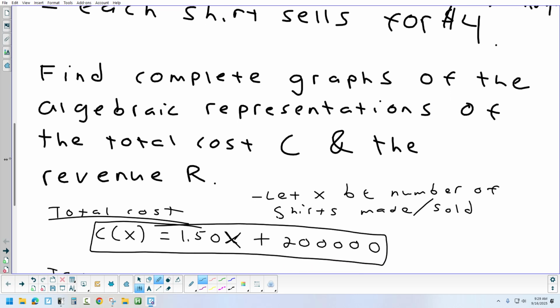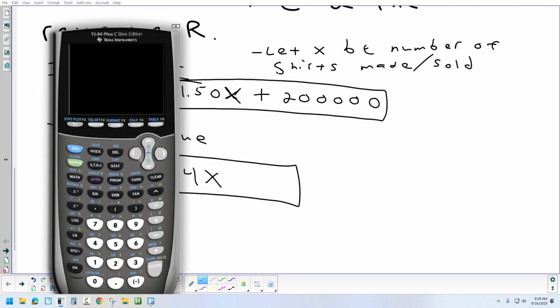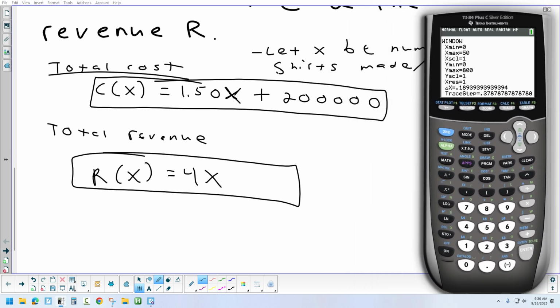Now, they want us to find complete graphs. Can anybody start to guide me through what I need to do to find complete graphs of both of those on the same screen? What's the first thing I have to do?